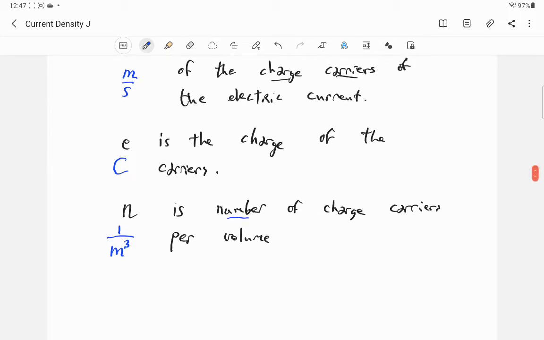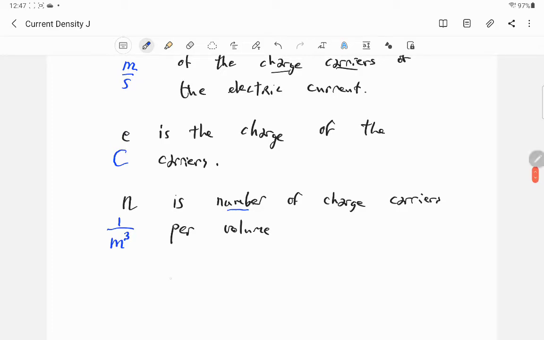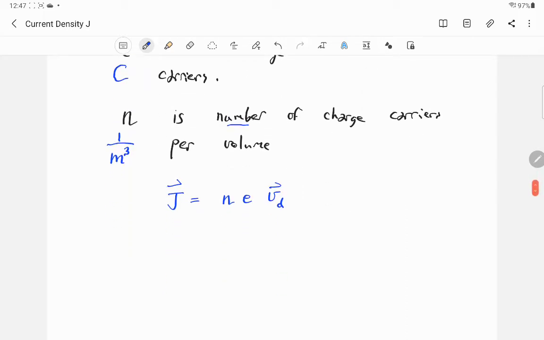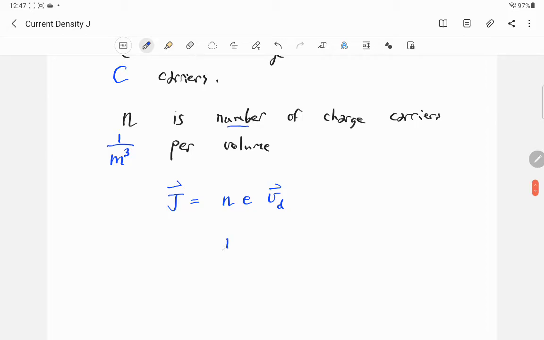So what does this look like? If I say that J is equal to N E drift velocity, like this, N is 1 over meters cubed, right? Let's just study the units. So N is per meter cubed, E is coulombs, and velocity has units of meters per second.